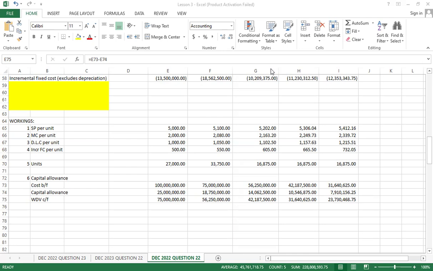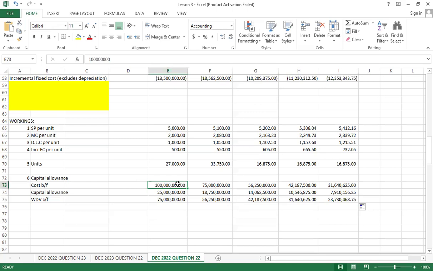Now, let's agree on one more thing. At the start of period 1, you know the value of the asset is 100 million. As we grant capital allowances across the 5 years, you know the value of the asset keeps reducing.